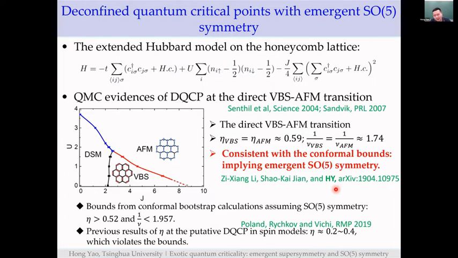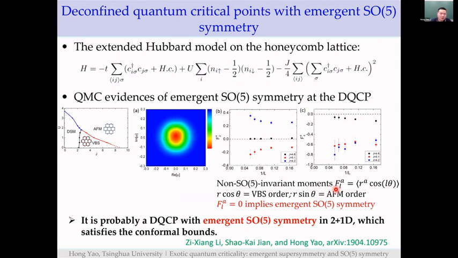This is the best we can do for the quantum Monte Carlo simulation. Up to this system size, we found that the quantum phase transition between the VBS and antiparallel state, in some range in the phase diagram, is a continuous phase transition.